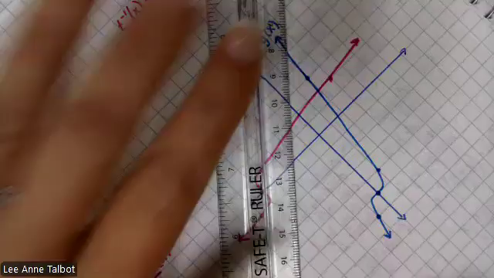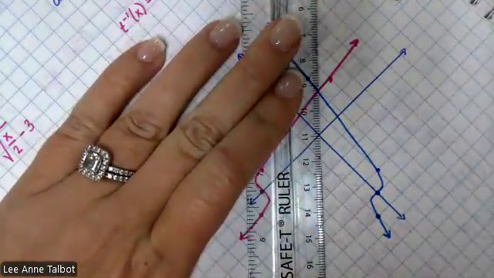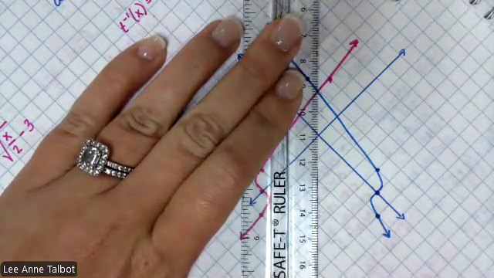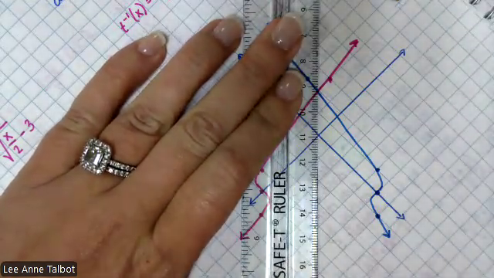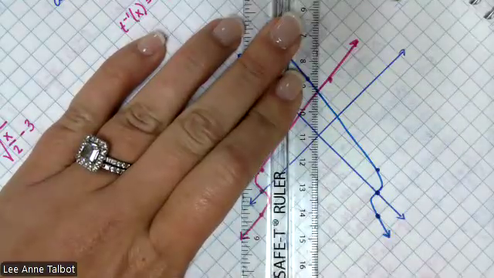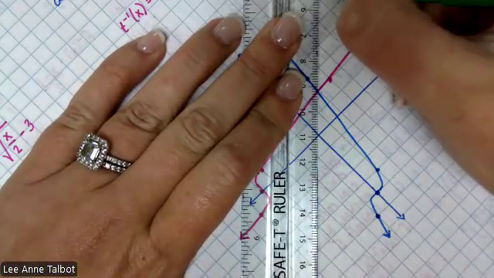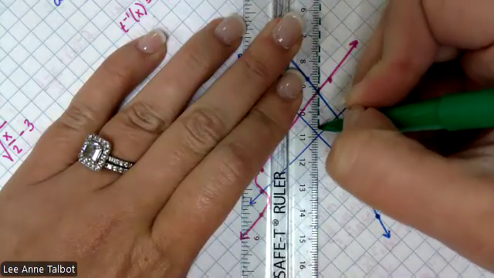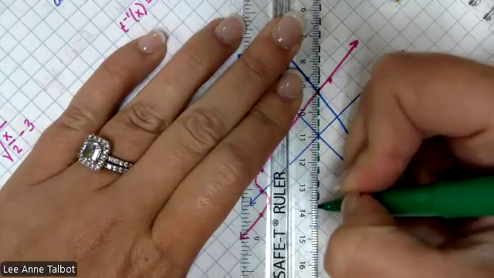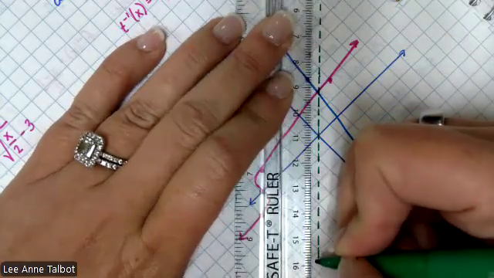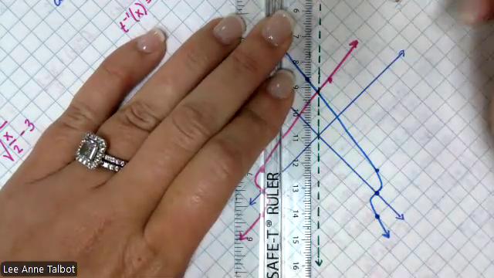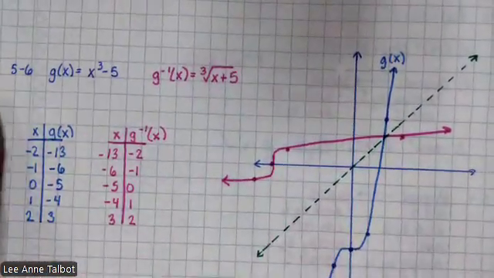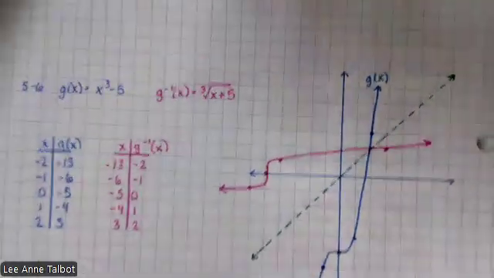Okay, if you have anything with straight edge capabilities, draw in the line of reflection. I'm going to do green, but you can do whatever you want. Now here's my next question.